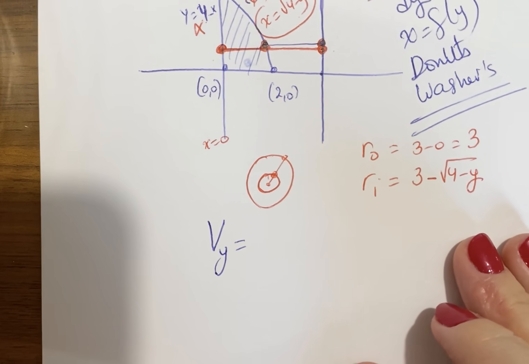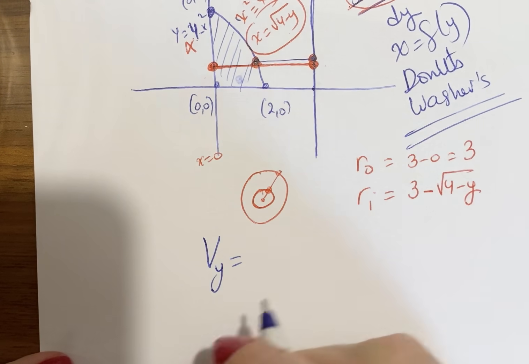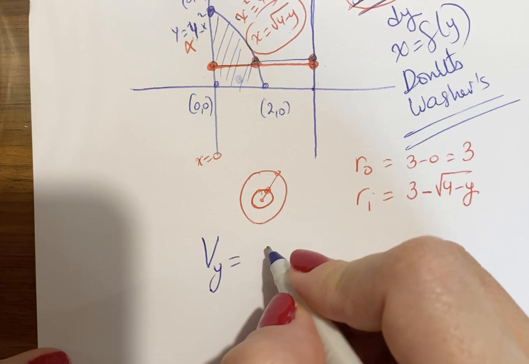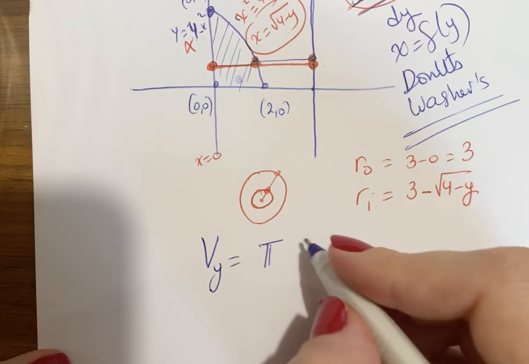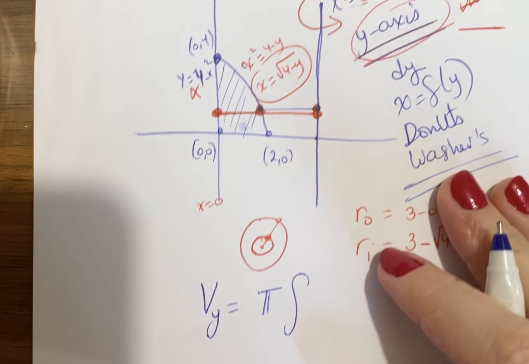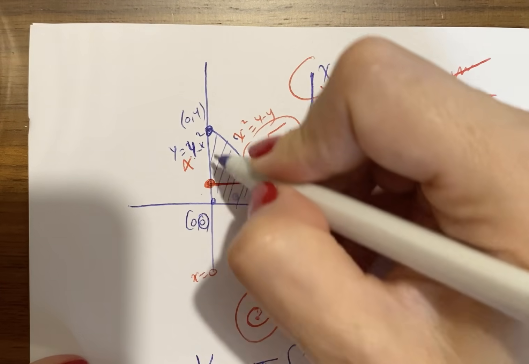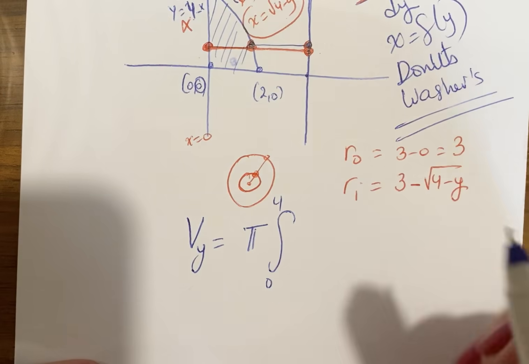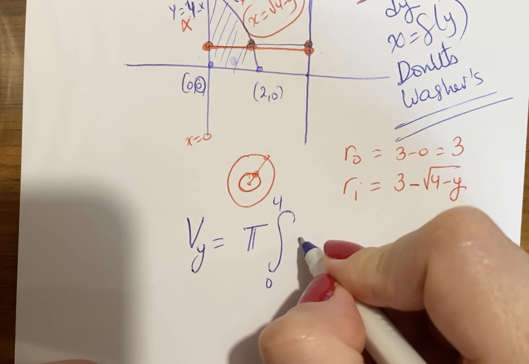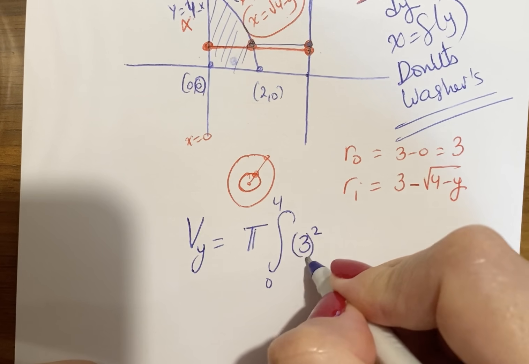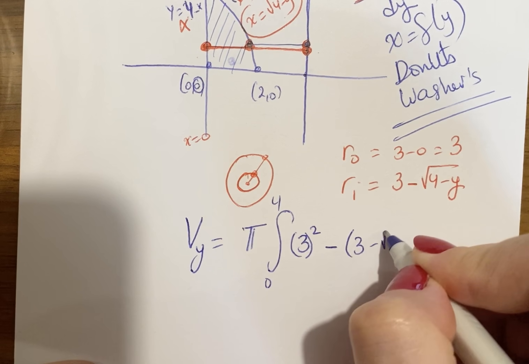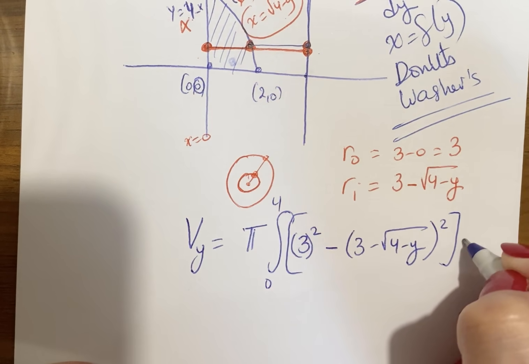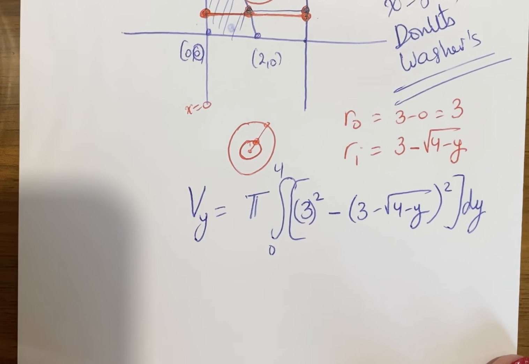So now how do I formulate the problem? Because it's around a line parallel to the y-axis, we call it Vy. Vy is equal to pi, throw it outside if you want from the beginning, integral, y ranging from 0 to 4, of the outer radius squared minus the inner radius squared dy.